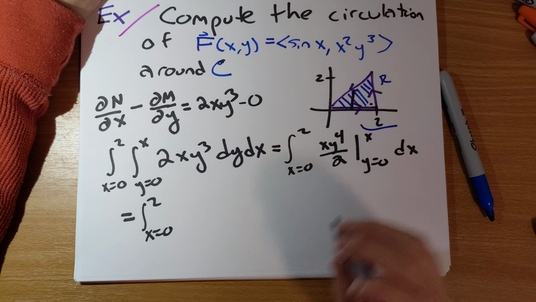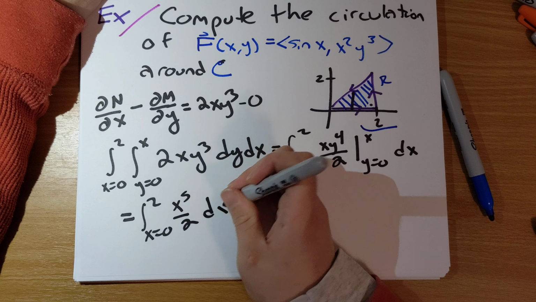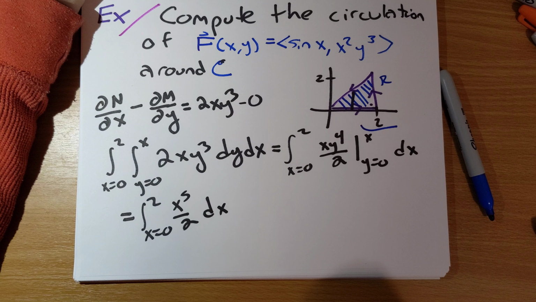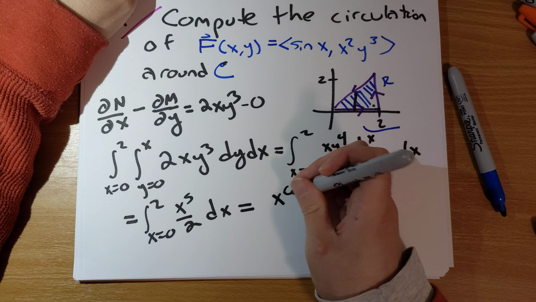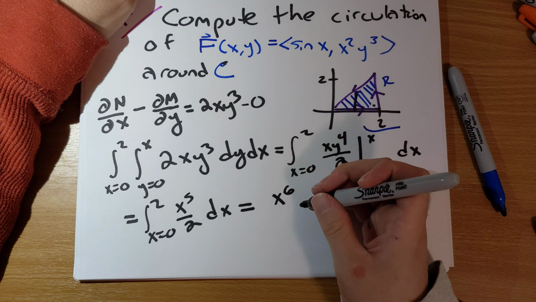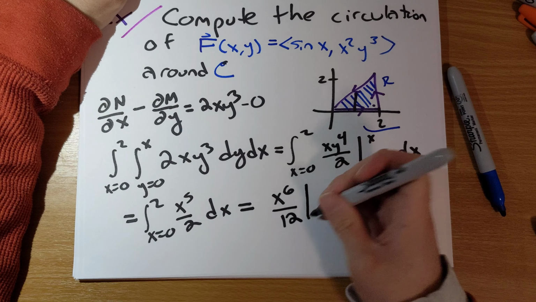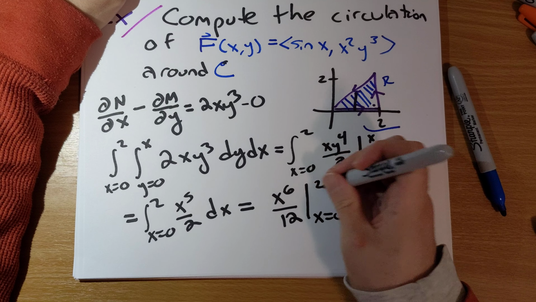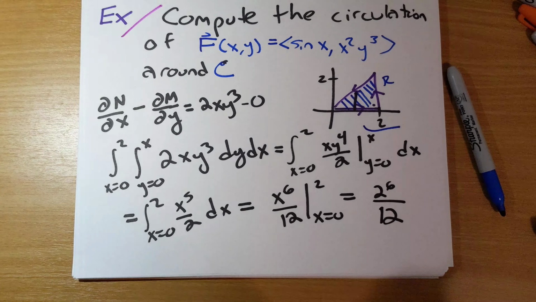Plugging in y equals x gives us x to the 5th over 2 dx. An antiderivative of this would be x to the 6th over 12. Plug in x from 0 to 2, and so we get 2 to the 6th over 12.